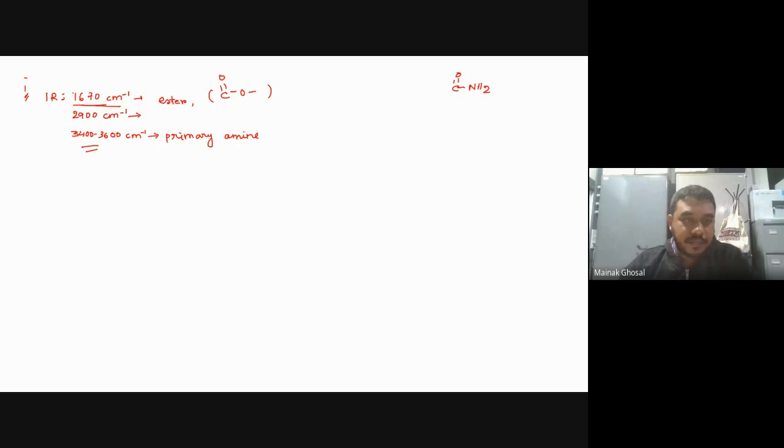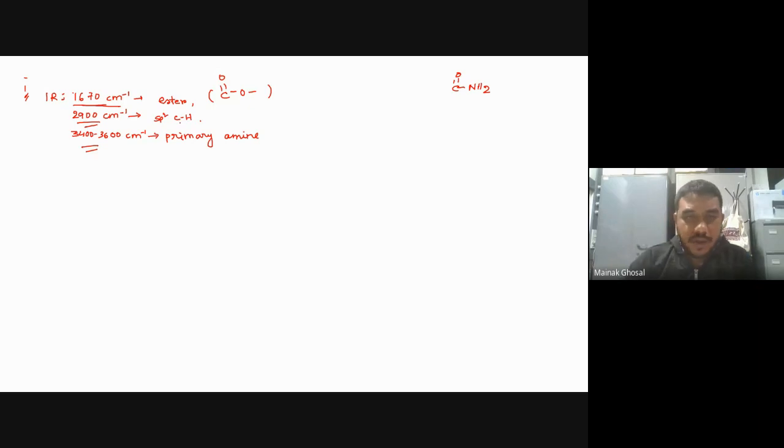Okay. So what is for this one? This one actually corresponds to sp2 carbon-hydrogen or sp3 carbon-hydrogen; this type of functional group comes in this region.